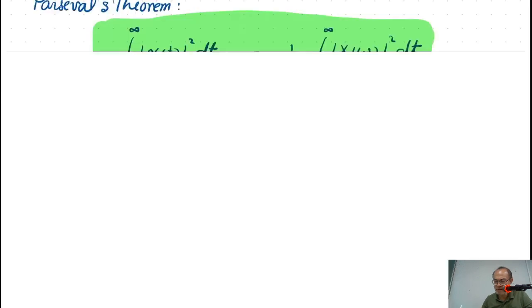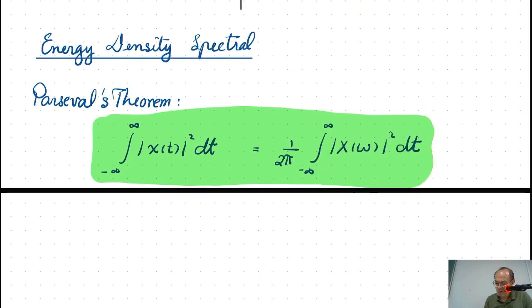So from Parseval theorem, we see that the energy of x(t) can be found both in the time domain and in the frequency domain.